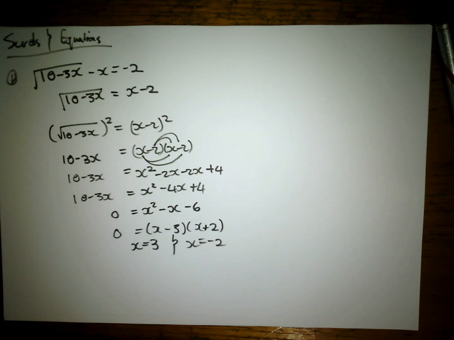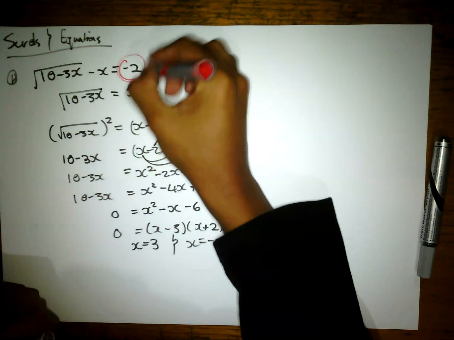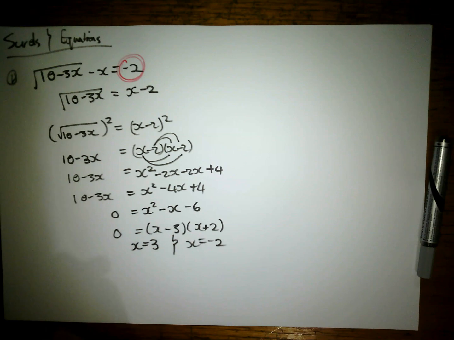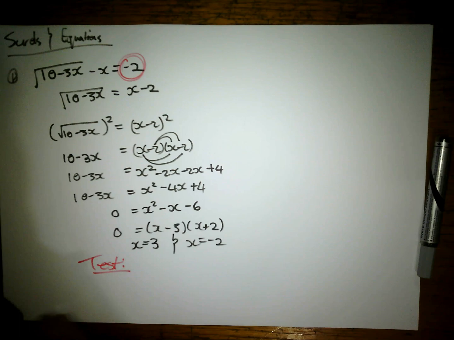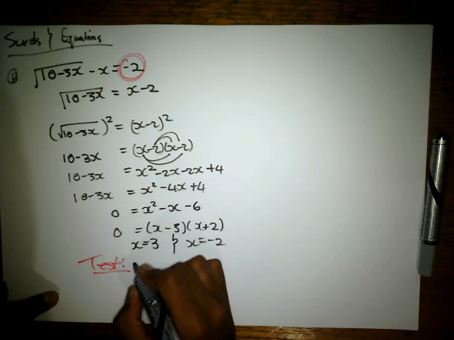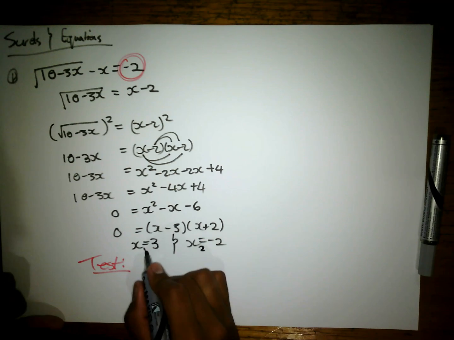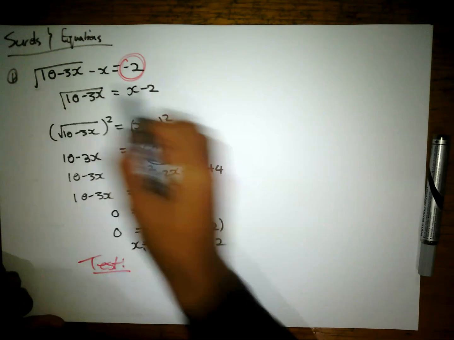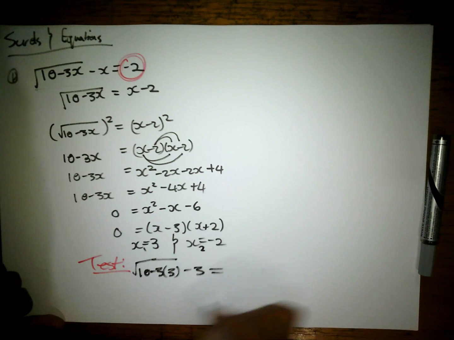What we have to do now is test that the answers we're getting are actually correct, because here we are given the answer, right? And now we have to test. How we test is very simple. We substitute this x1 value in here. So 10 minus 3 times 3 minus 3 equals.